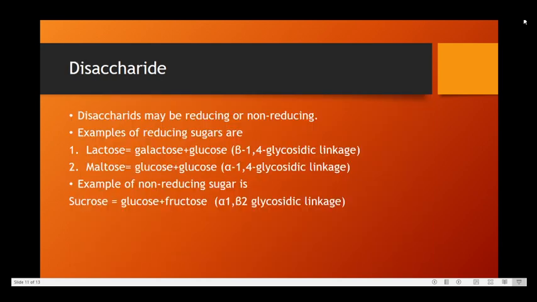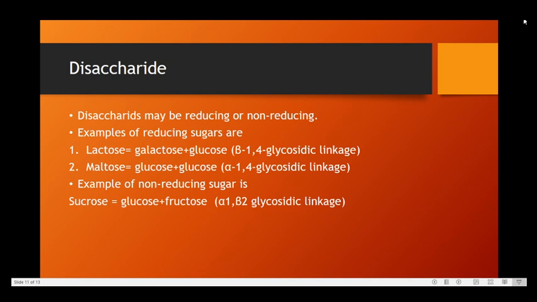So disaccharides again may be reducing or non-reducing. Reducing sugars are lactose and maltose, and a non-reducing sugar is sucrose. In lactose, galactose and glucose molecules are joined by a beta 1,4-glycosidic linkage. In maltose, 2 glucose molecules are joined by an alpha 1,4-glycosidic linkage.